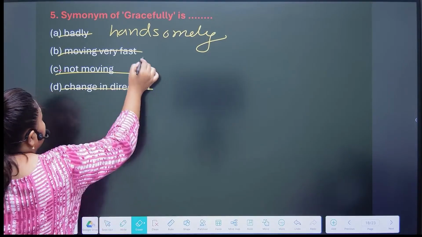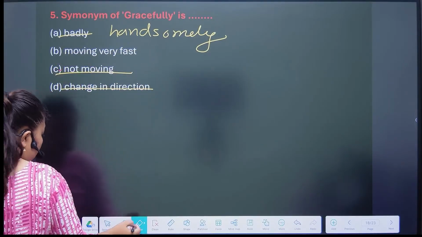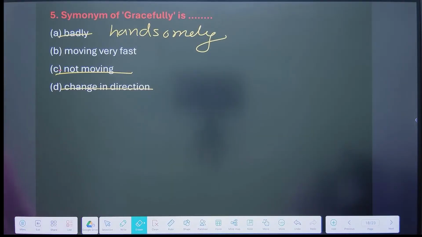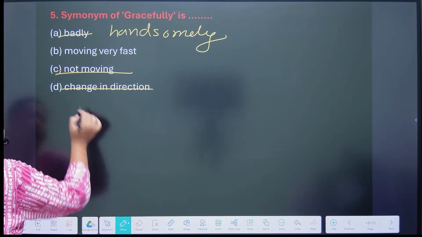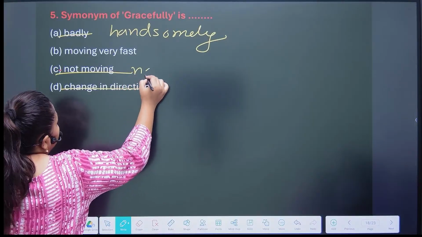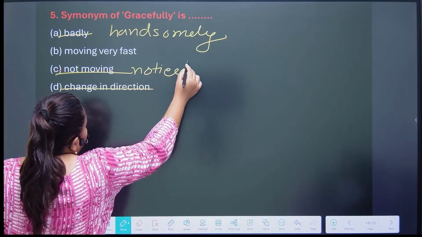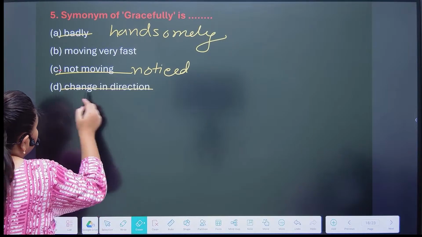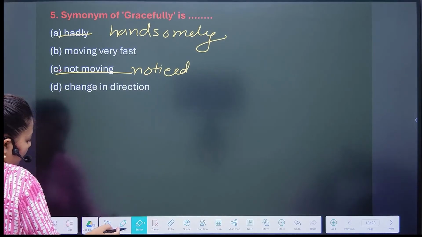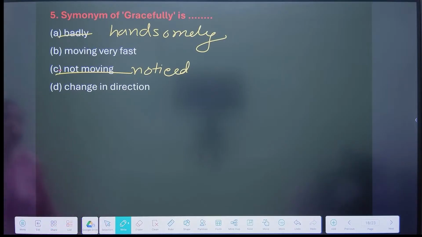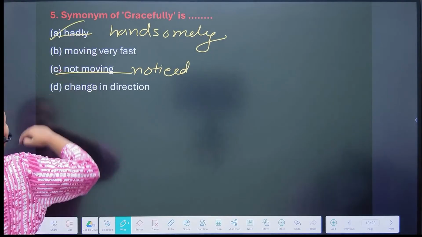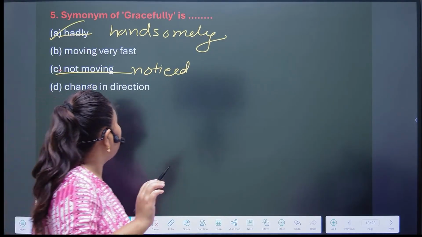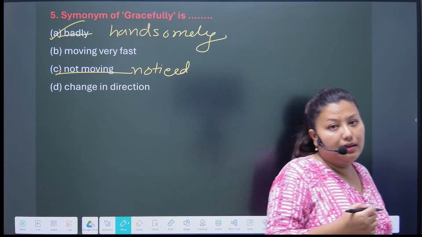And the third option will be noticed. And the fourth option is change in direction. So what will be the correct option for question number 5? The synonym of gracefully is option A, handsomely. That means something which is very beautiful and handsome.